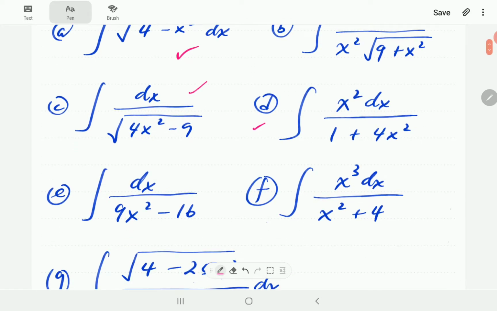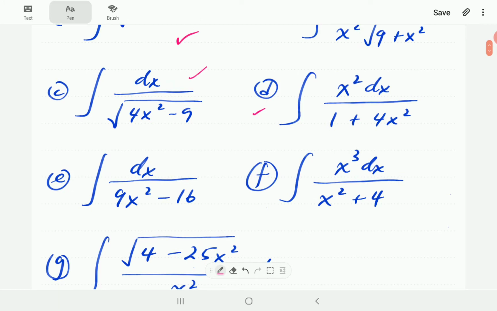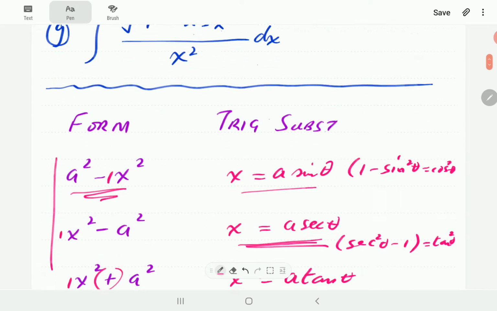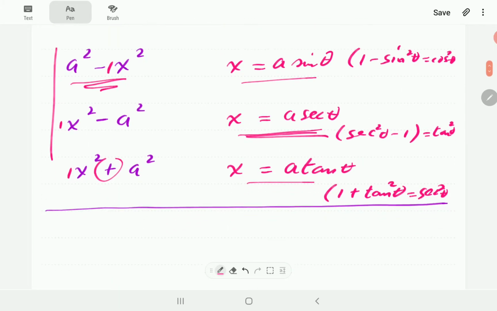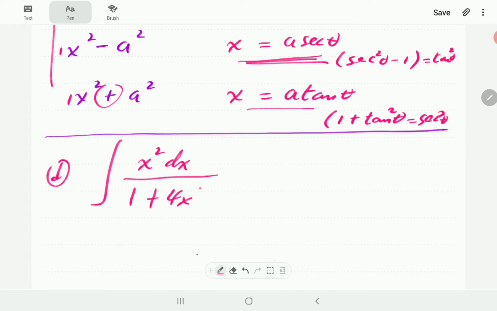Okay, so in D we notice that the quadratic expression has got a plus, so that means according to this guideline we are going to use the tangent substitution. In D we've got x squared dx all divided by 1 plus 4x squared.